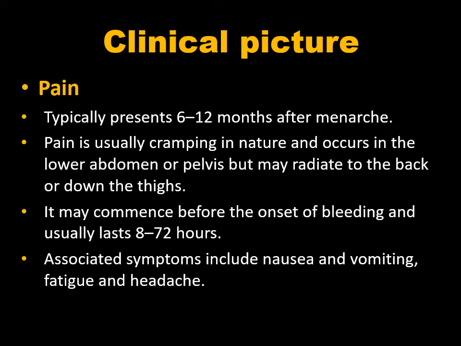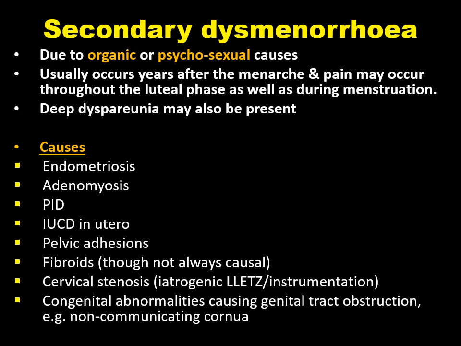Other symptoms may be associated, such as nausea, vomiting, and fatigue. Secondary dysmenorrhea is pelvic pain associated with identifiable pathology, and it can occur at any time after menarche but may arise as a new symptom during a woman's fourth and fifth decades.